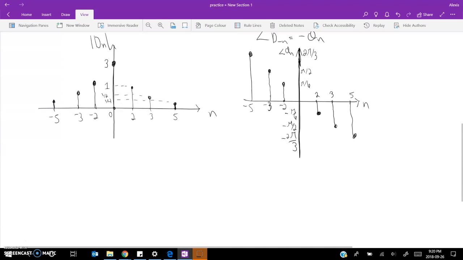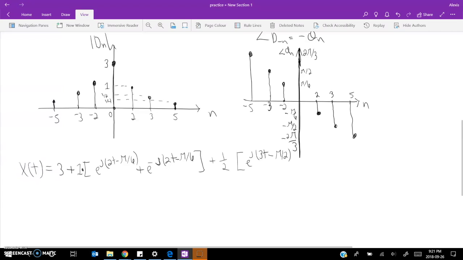So by doing so, we would notice that our x of t is equal to 3 plus 1 times e to the j brackets 2t minus pi over 6 plus e to the negative j 2t minus pi over 6 plus a half e to the power of j 3t minus pi over 2, plus e to the power of negative j 3t minus pi over 2.